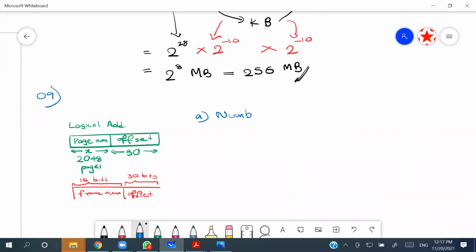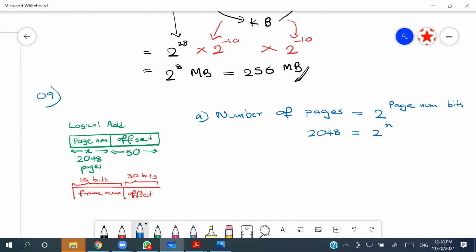Number of pages equals 2 to the power page number bits, right? So number of pages, how? It's 2048 equals 2 to the power x.